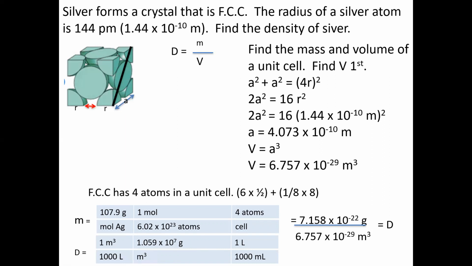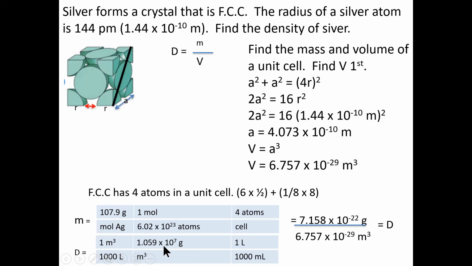But we want to convert this unit. We want the density in grams per cubic centimeter, which is really a milliliter. We know that a liter is really 1,000 milliliters. And we know a cubic meter is really 1,000 liters. So now we can cancel our liters, cancel our meters cubed, and we end up with grams per milliliter as our unit.